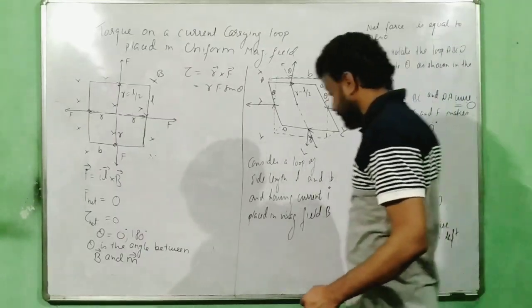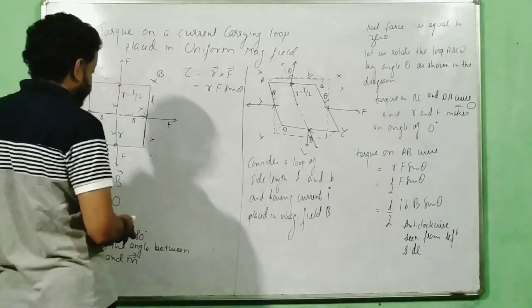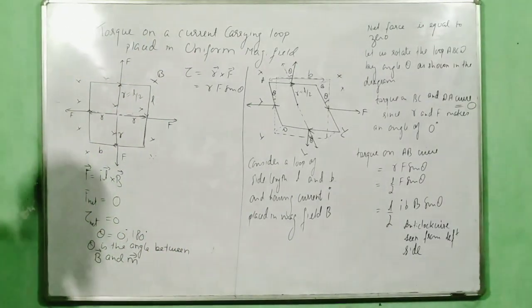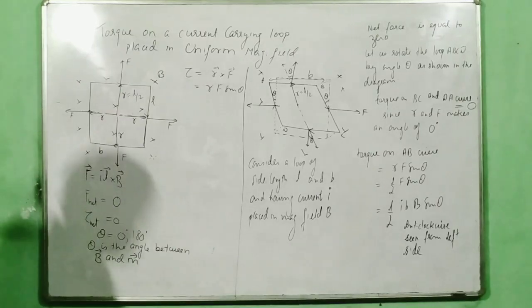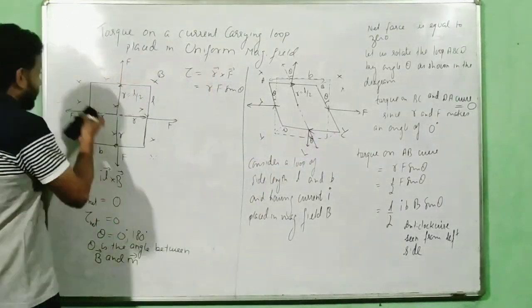Okay, anti-clockwise seen from left side. Done. Now one more left. C to D. Now come to C to D now.